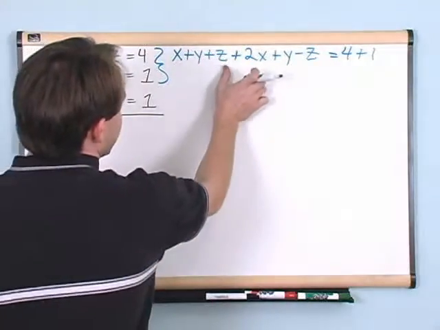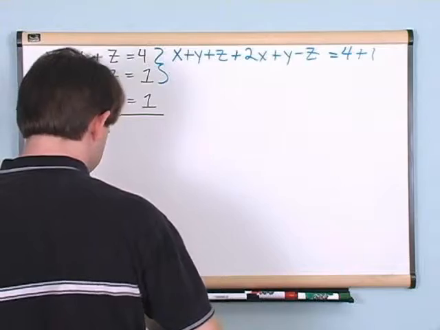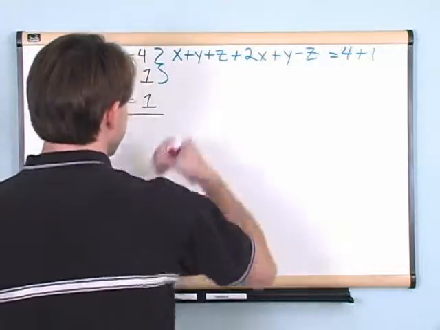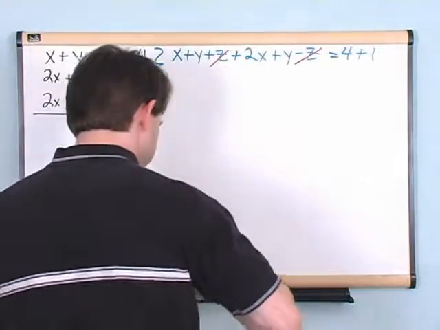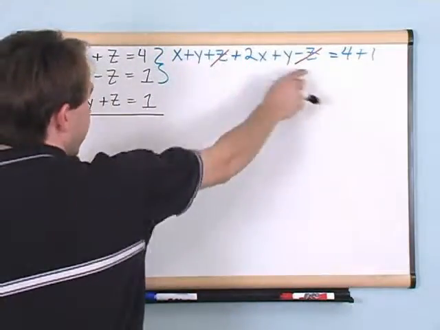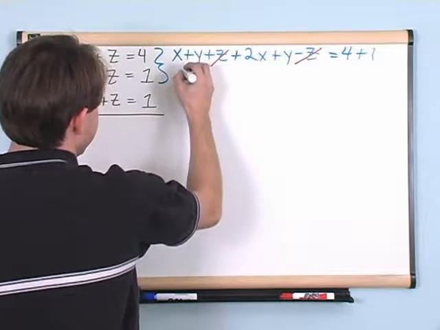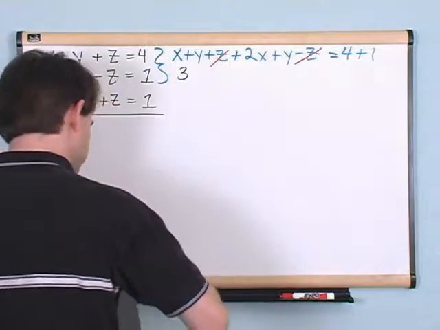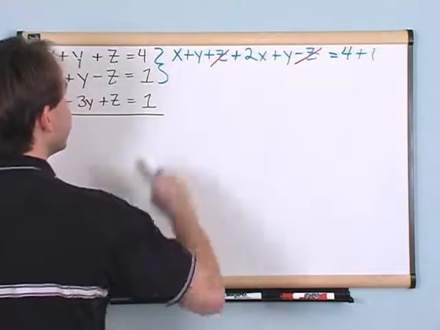Well, right away you know the z and the negative z are just going to disappear. I can make that clear by drawing a line through both of those, because neither one is going to stick around; they just cancel out. But the x, when you add it with the 2x, is going to give you 3x. Let's keep working in blue here so that we can keep track of things.